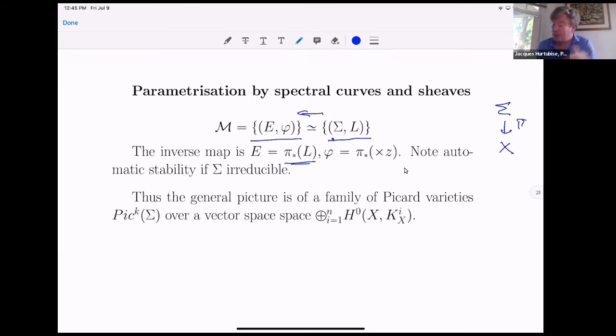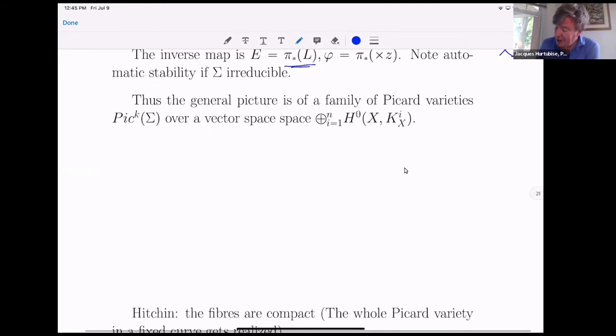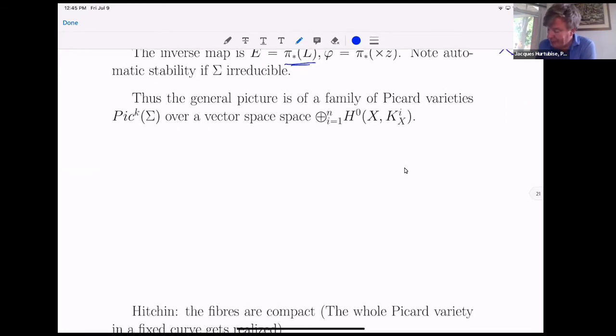And if there's no subspectral curve, then there's nothing to destabilize. Okay, so the general picture is this Hitchin fibration, where you've got the linear space of just the Hamiltonians.